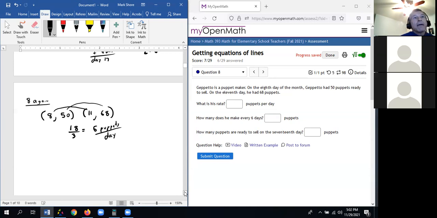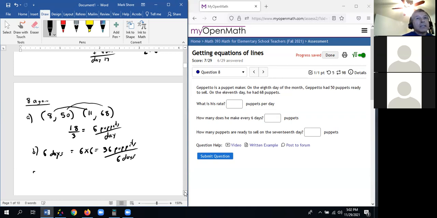Okay, how about every 6 days? So this is part A. Part B was in 6 days. How many does he make every 6 days? So every 6 days, he makes 6 times the 6 puppets per day. In other words, he makes 36 puppets in 6 days.